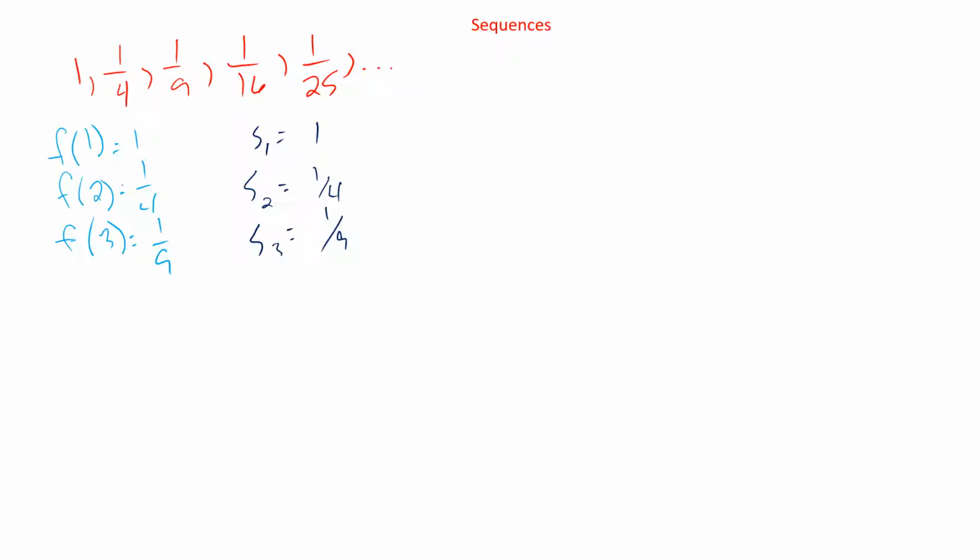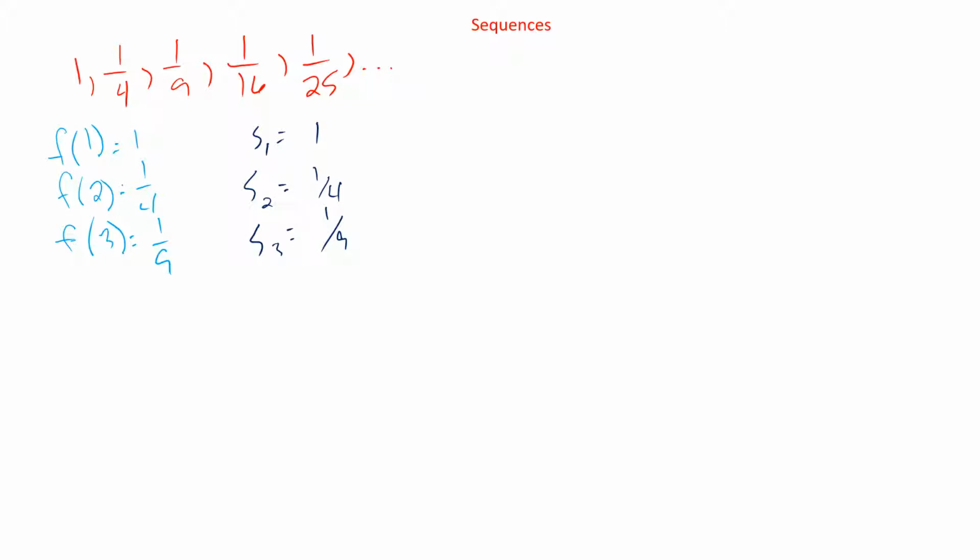One of the big differences between a function and a sequence is that these are the terms of the sequence. There's nothing in between. It's the first term, the second term, the third term. You're not going to have the 1.55 term. Whereas a function is going to be continuous. You can plug in any number for x you want.